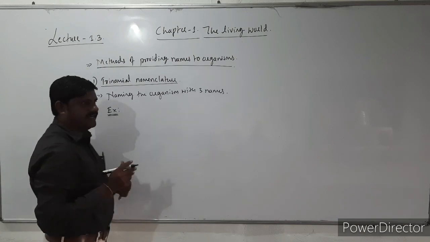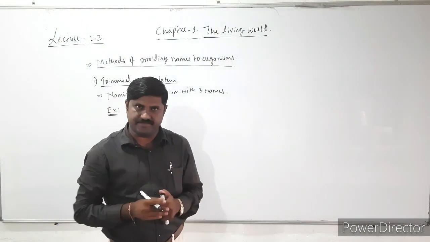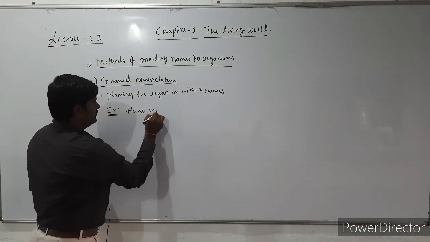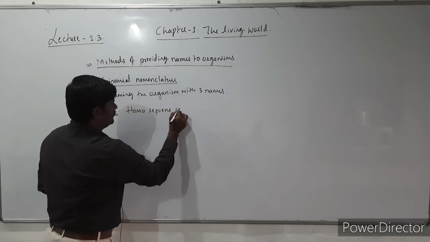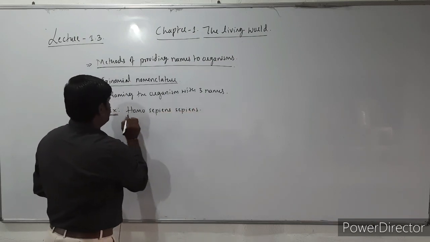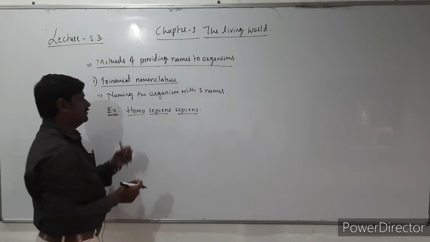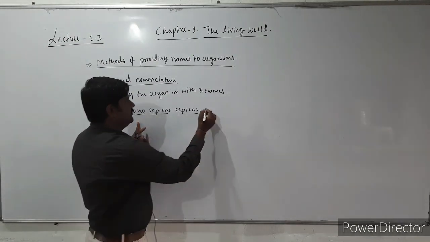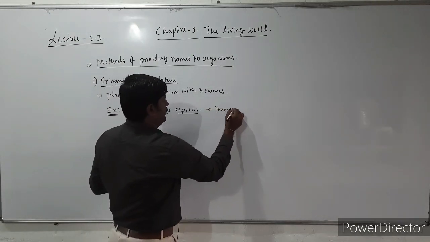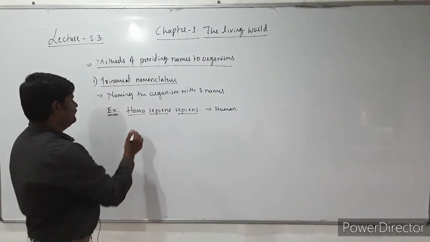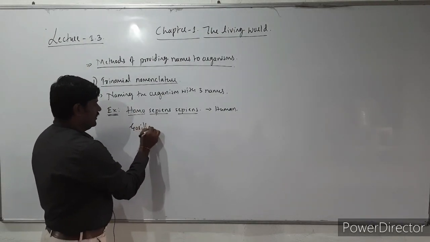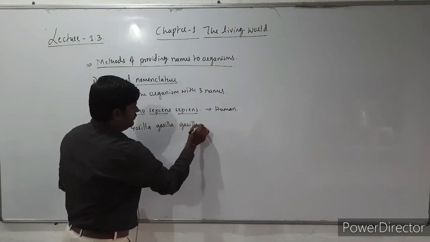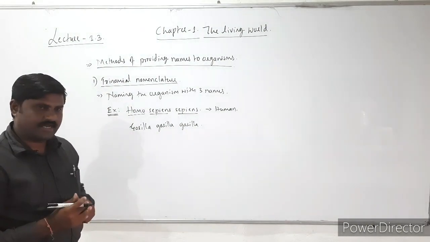The scientific name of human being is Homo sapiens, but we write it as Homo sapiens sapiens. So this is how three names are used for naming the human being. In the same way, gorilla is named so, right?